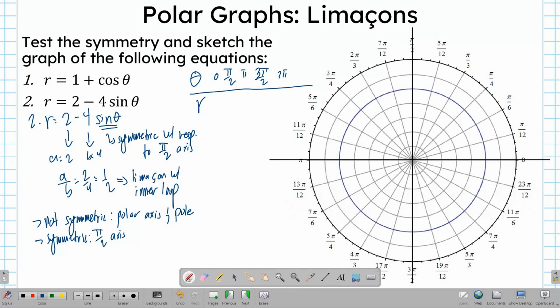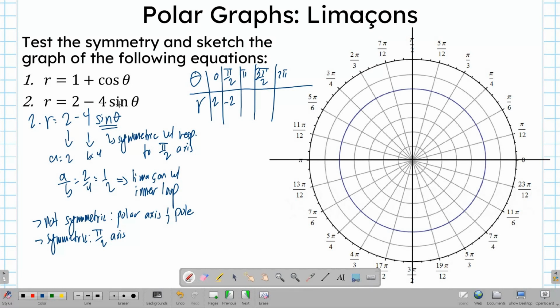So for r, we have sine 0 is 0, times 4 is 0, 2 minus 0 is 2. Sine pi over 2 is 1, times 4 is 4. So 2 minus 4 is negative 2.